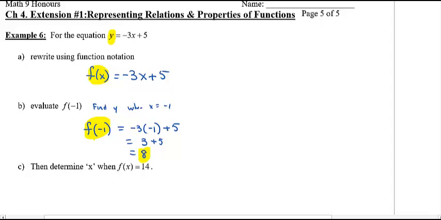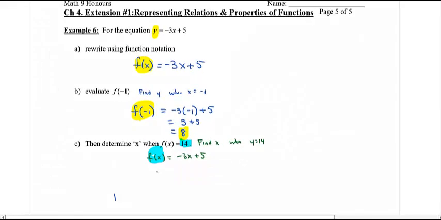So with part C, if I said then determine x when f of x equals 14, really what I'm saying is find x when the y value, or the function value, is equal to 14. So once again, using my function notation equation, I want us to now replace f of x with 14.